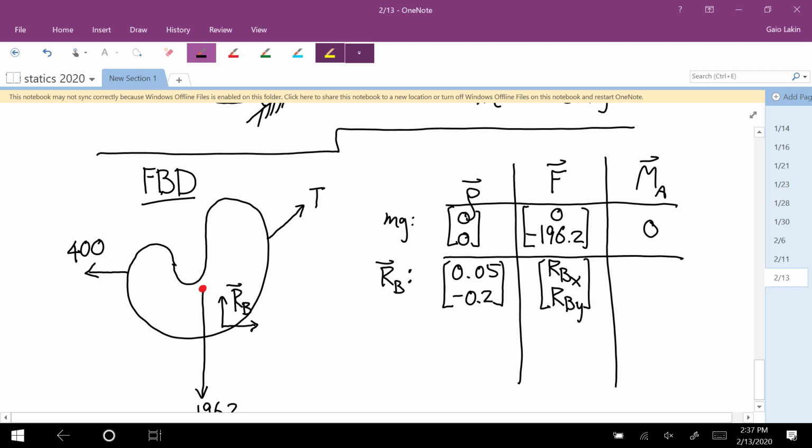We don't know anything about the direction, so you just put those components right in there. And then the cross product is 0.05 RBY minus negative 0.2 times RBX, so that's plus 0.2 RBX.